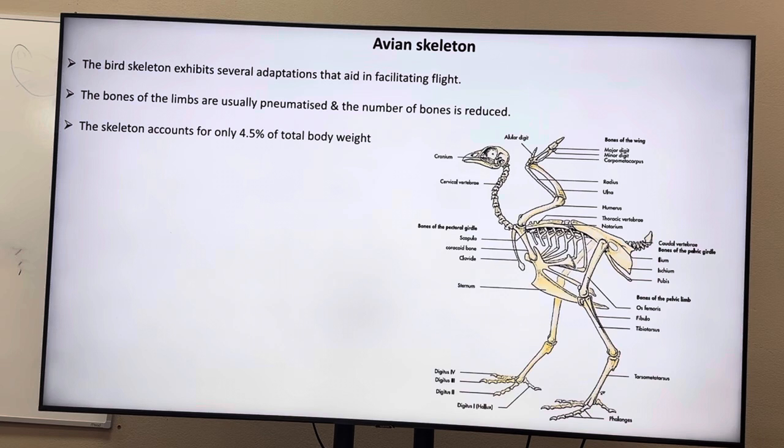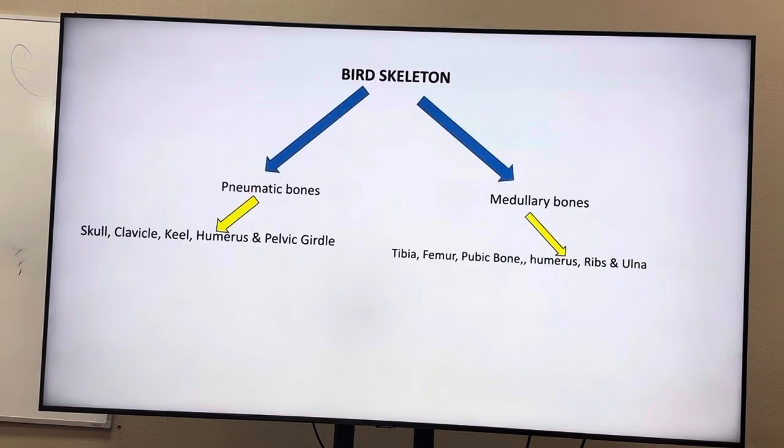The majority of birds possess about 25 different bone types, and these bones generally have been divided into two groups.